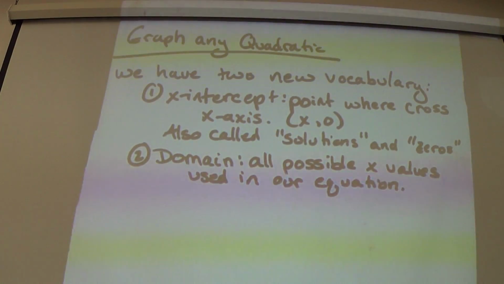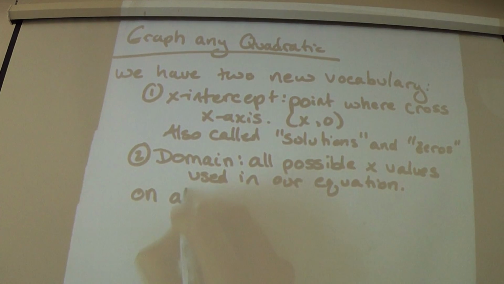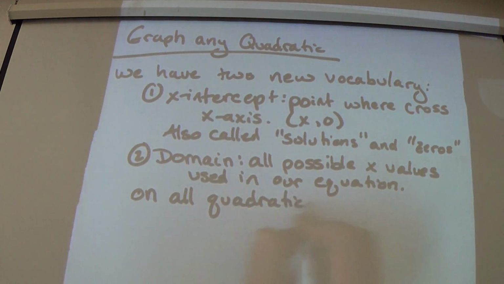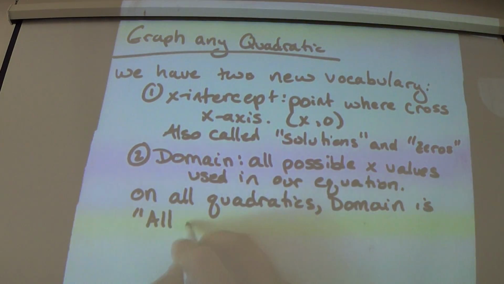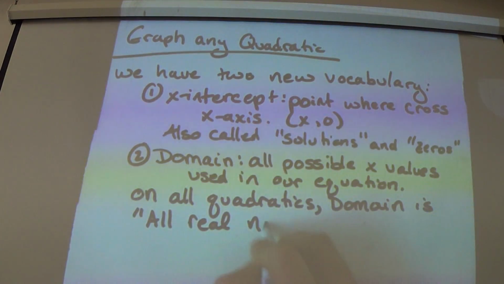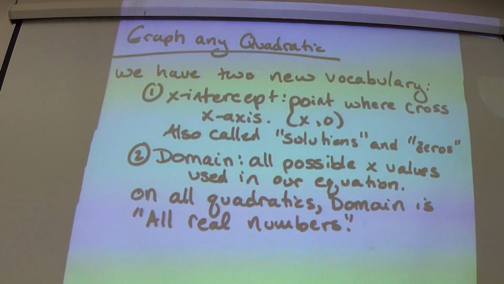Which means that on all of our quadratics, our domain is very, very boring. Because on all of the quadratics, our domain is what we call all real numbers. Because you can plug in anything you want to.